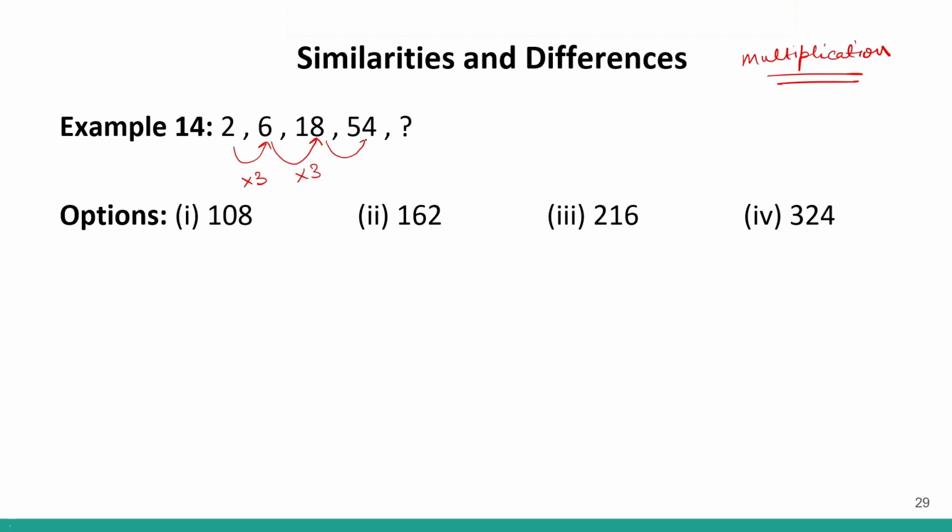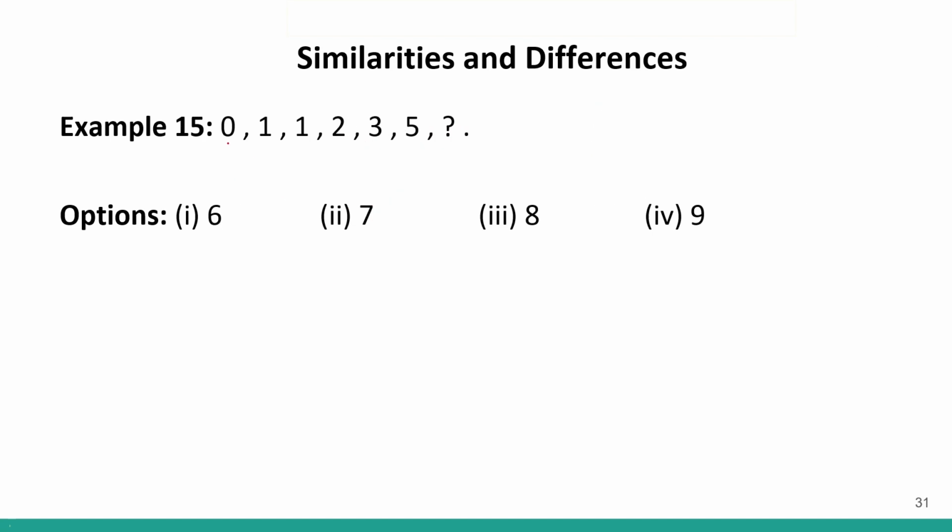From 18 to 54 is also multiplication by 3. So now I have to multiply 54 by 3 to get the next missing element. So if I multiply 54 by 3, my answer will be 162, which is option number 2. So option number 2, 162 will be your correct answer.